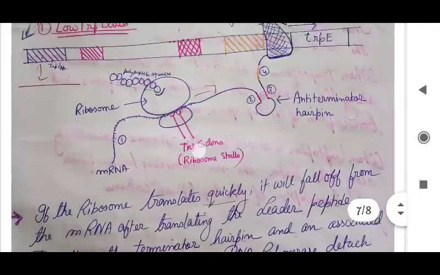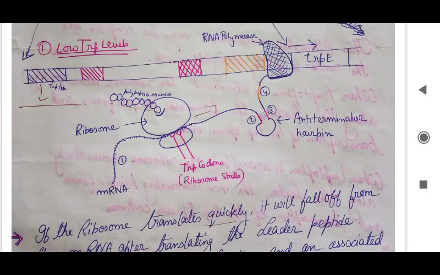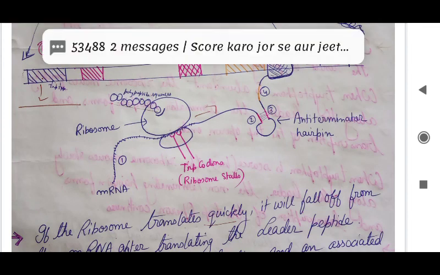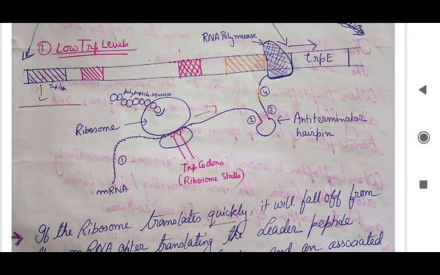So this indicates that the ribosome stalls. That means it does not get the tryptophan. That means it needs tryptophan. There is a shortage of tryptophan here. That's why this attenuator sequence folds into the anti-terminator hairpin and allows the transcription to continue.